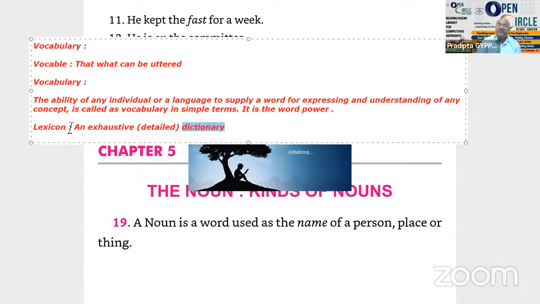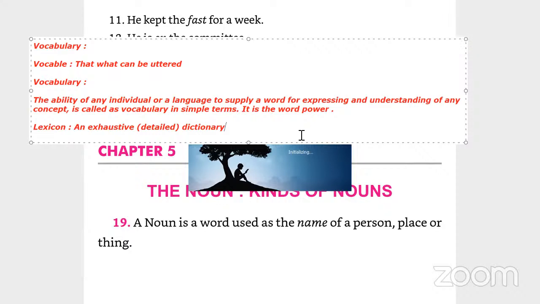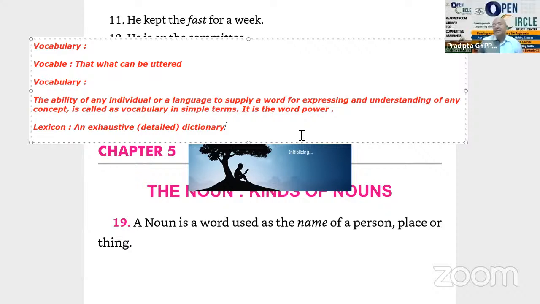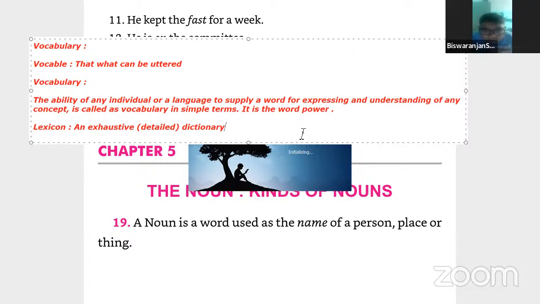But a lexicon is a bigger dictionary. A lexicon contains even greater number of words. Do you know how many words are there in your Oxford dictionary? No, sir. Sir, I don't know.